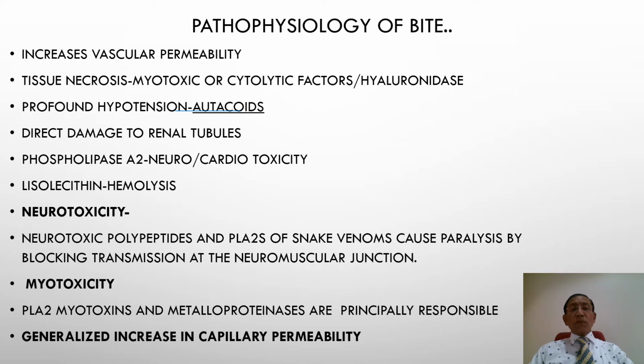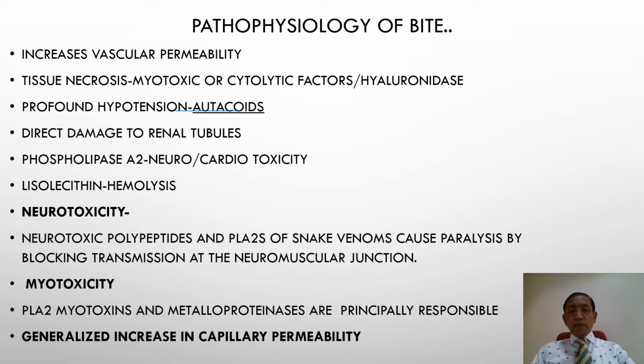Phospholipases cause neuro and cardiotoxicity, and lysophospholipases cause hemolysis. Neurotoxic polypeptides, or PLA2s, of snake venoms cause paralysis by blocking transmission at the neuromuscular junction. PLA2 myotoxins and metalloproteases are principally responsible for myotoxicity.